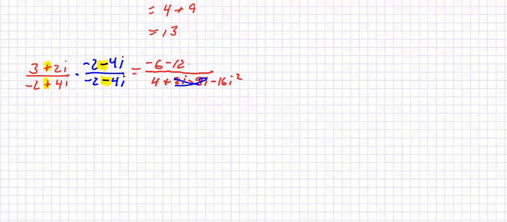Minus 12i, minus 4i, and minus 8i squared. So now I'm going to combine my like terms. I have the negative 6 and the negative 8i squared.